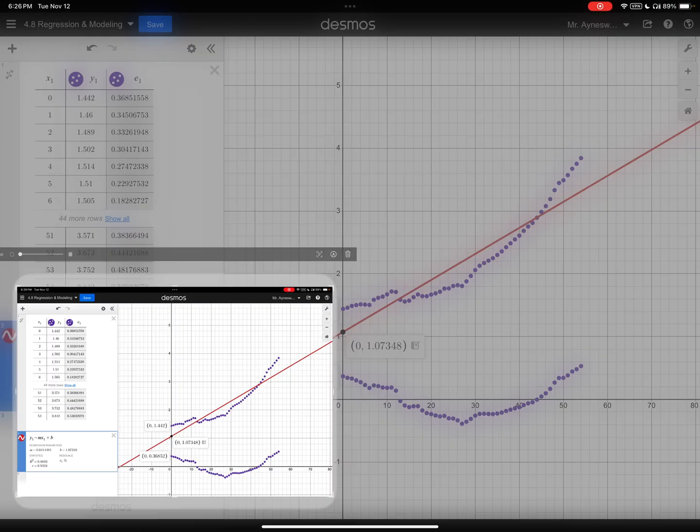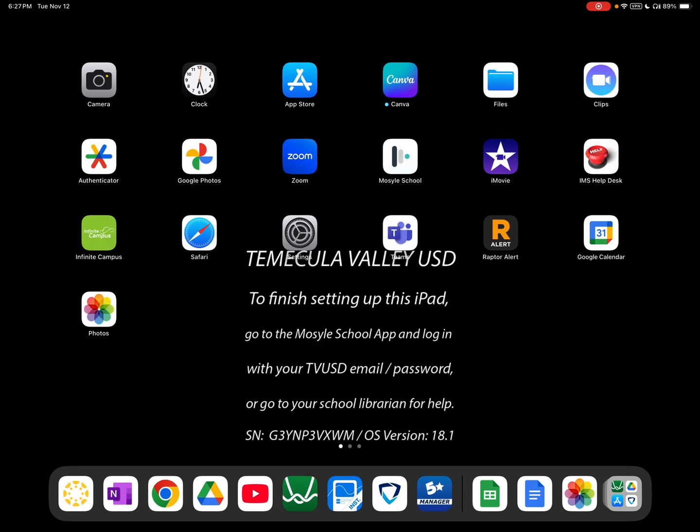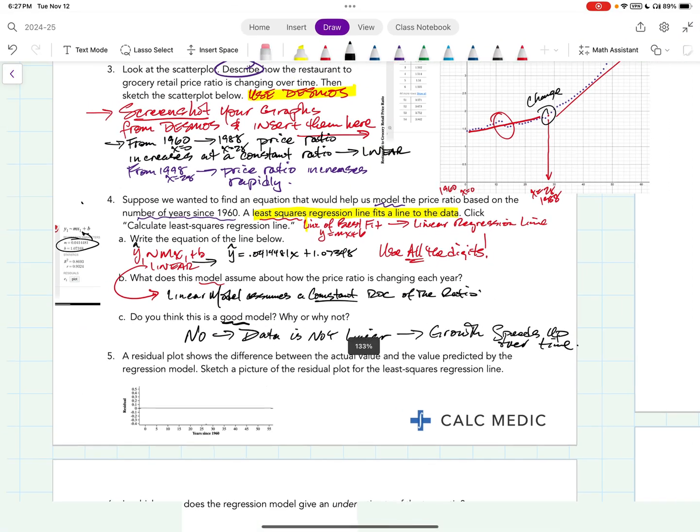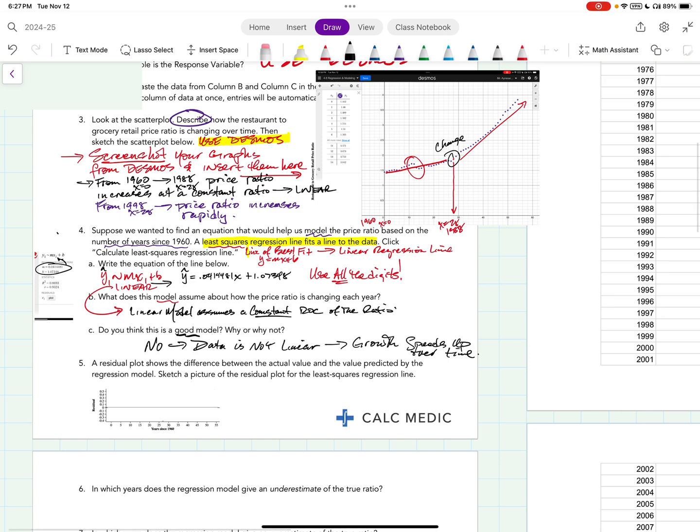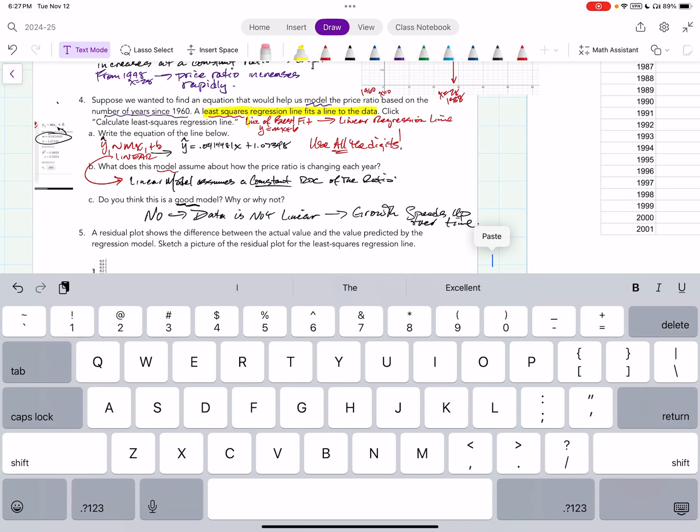So press done and copy it, and let's paste it into our lesson so we can actually annotate it and make sense of this. So where are we going to paste it? Well, just find a free space. So click on text box. At the very top left of your screen, there's a little capital T. Press and hold somewhere on the side of your document. I'm using the middle of the two documents.